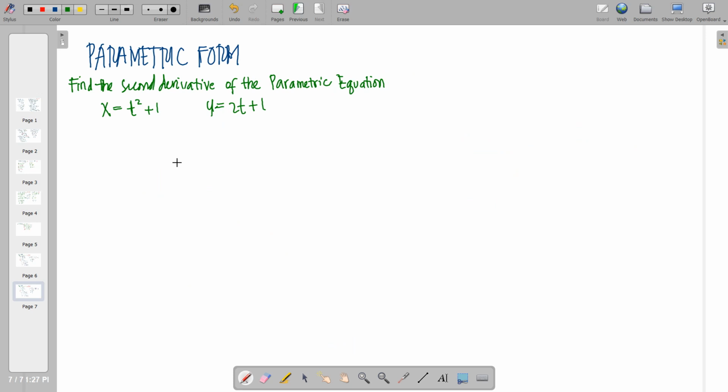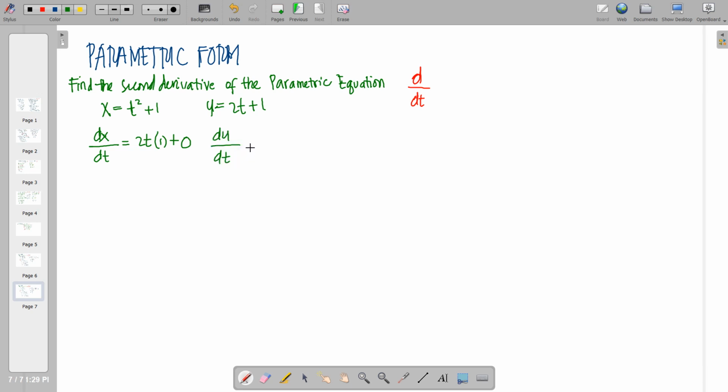So here we're going to find the second derivative of the parametric equation. So we have x is equal to t squared plus 1, and then y is equal to 2t plus 1. Obviously, x and y are within the parameter t. Hence, we are going to execute d over dt. So doing that for the first equation, we have dx over dt is equal to 2t times 1 plus 0.